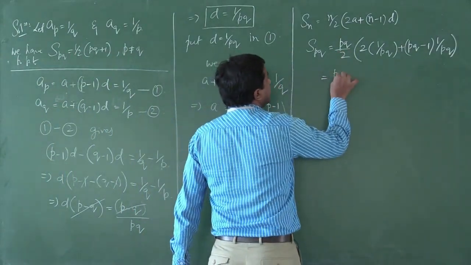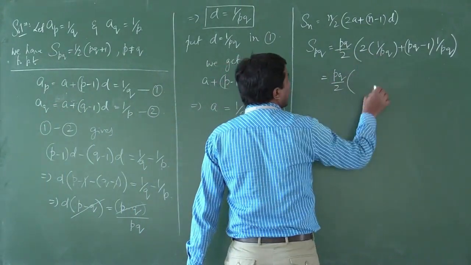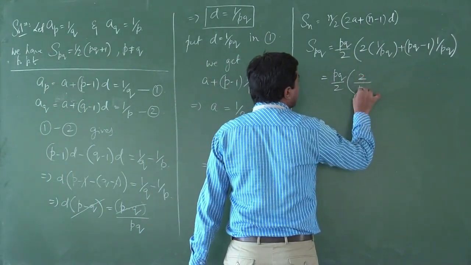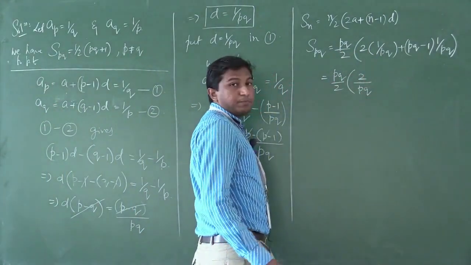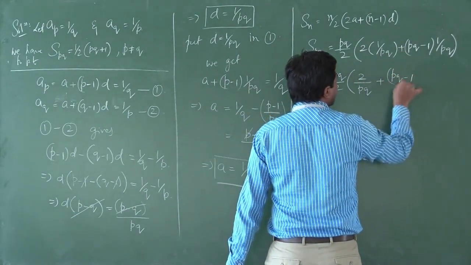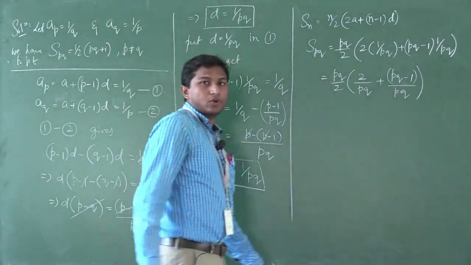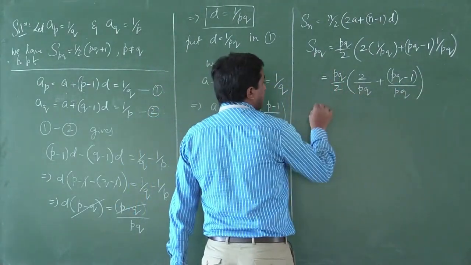Okay. So pq by 2 as it is outside, 2 into 1 by pq is 2 by pq plus pq minus 1 by pq we have. We'll take the LCM here.